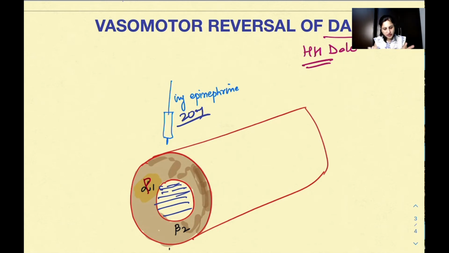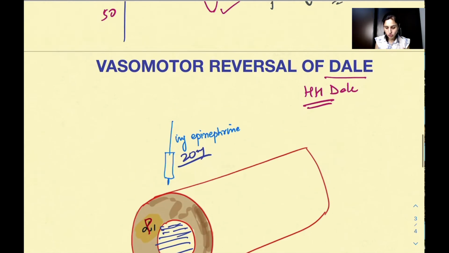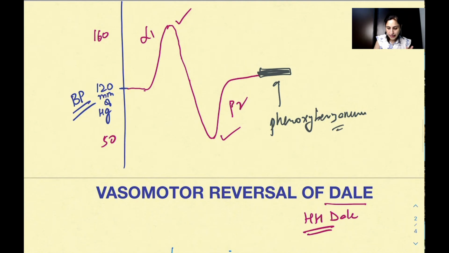So whatever epinephrine is there, now beta receptors will combine with all this epinephrine. So there is going to be the effect of only beta 2. So when you give epinephrine again here, you will see just the fall in the BP, right? So only fall in BP is there when you have given phenoxybenzamine and then again repeat epinephrine.